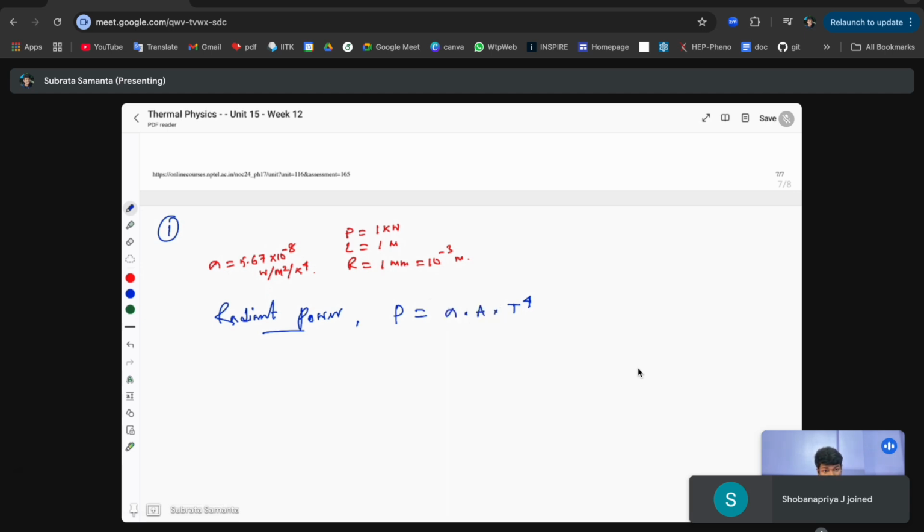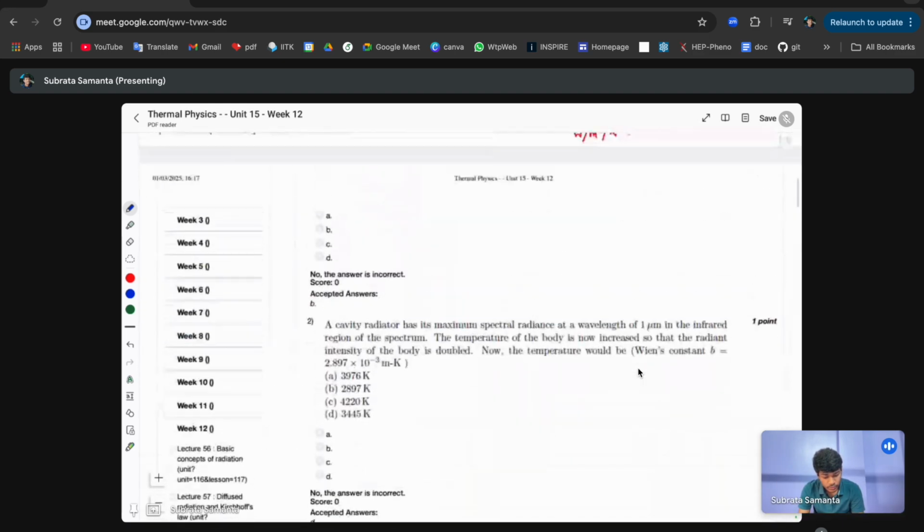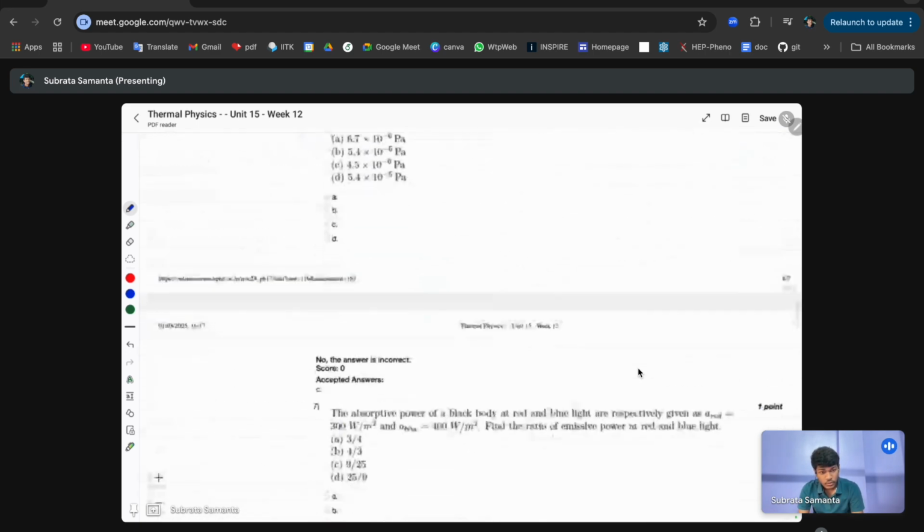Now we go back to the question. You have to compute the temperature of the wire, and the power is given as 1 kilowatt. So all the data are given.